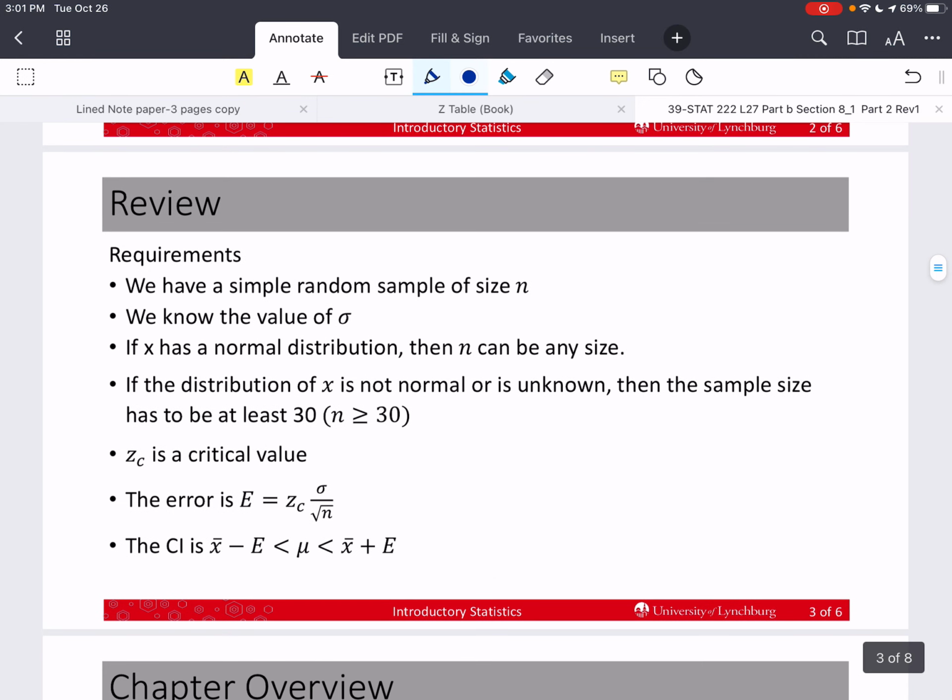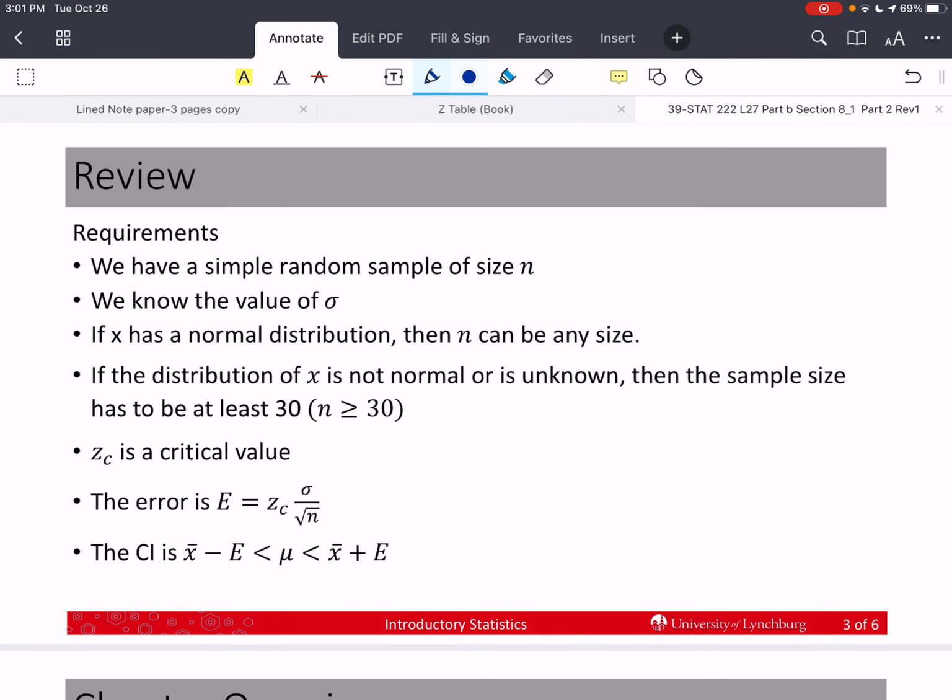We have some requirements in order to use the formulas and the methods from this section. First, we have to have a simple random sample, and the sample size is always n. Secondly, we need to know the value of sigma because our value of E has sigma in it. So we cannot use this formula unless we know the value of sigma.